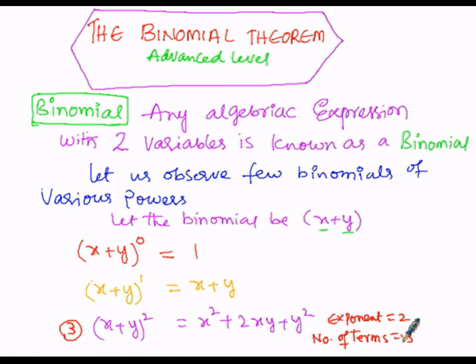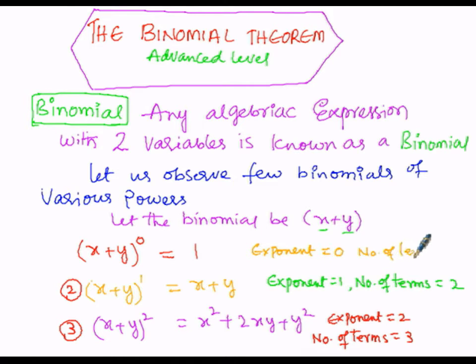And similarly in the second case, x plus y whole power 1, the exponent is 1 and the number of terms in its expansion are 2. Similarly in the first case, the exponent is 0 and the number of terms is 1. So when the exponent of the binomial is 0, the number of terms in the expansion is 1.